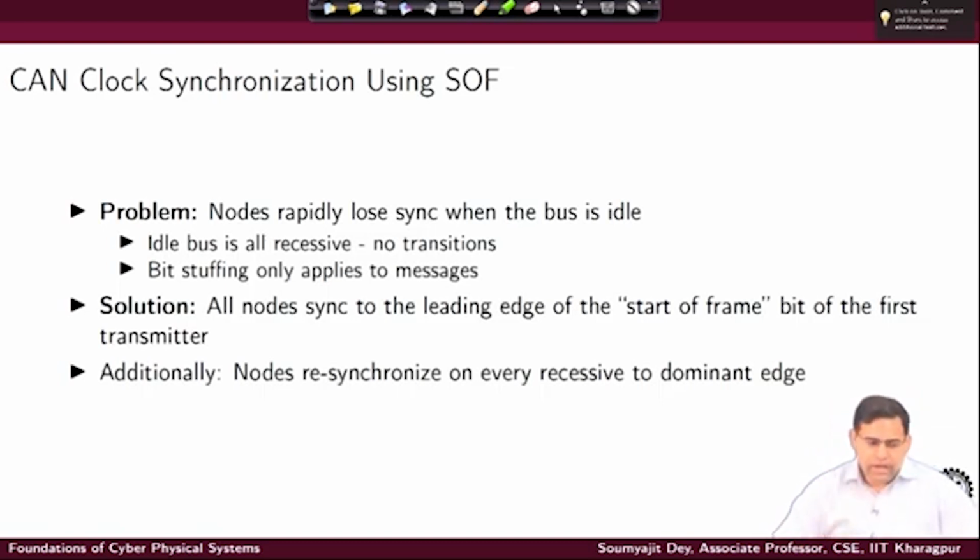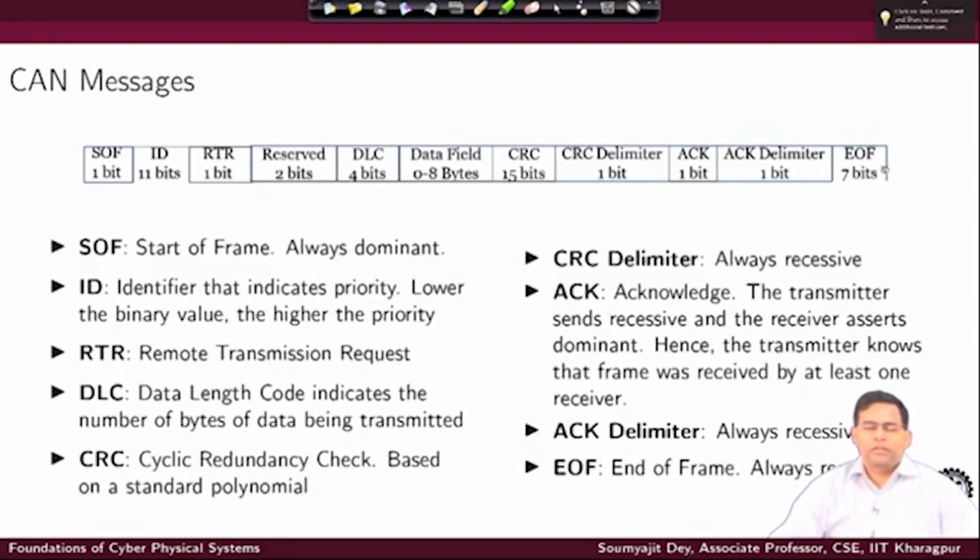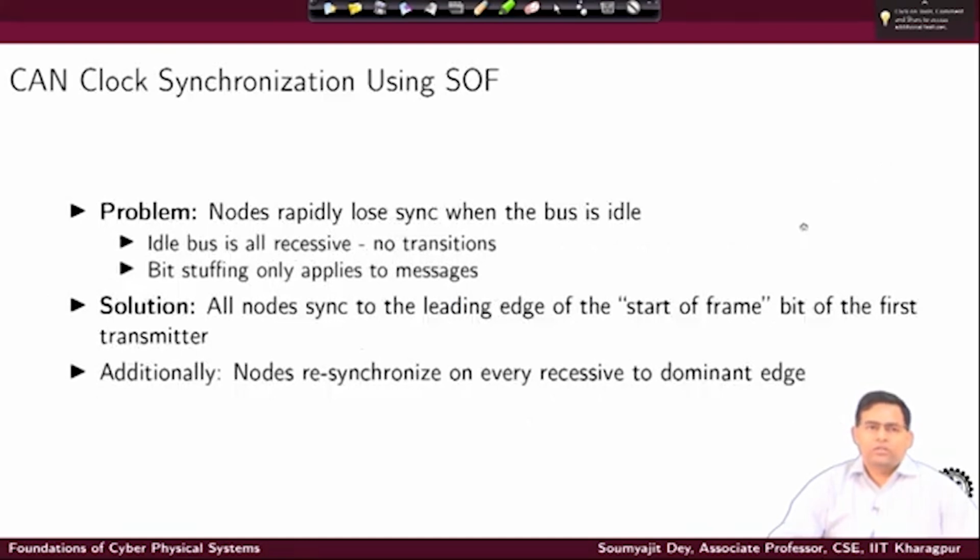So the CAN clock is usually synchronized using this start of frame bit. Now these nodes rapidly lose synchronization when the CAN bus is idle. The idle bus has no transitions, and the idea of bit stuffing applies only when real messages are sent. So when there is no message sent, the bit stuffing rule doesn't even apply, right? So this is an issue.